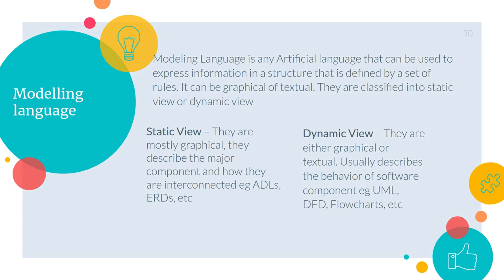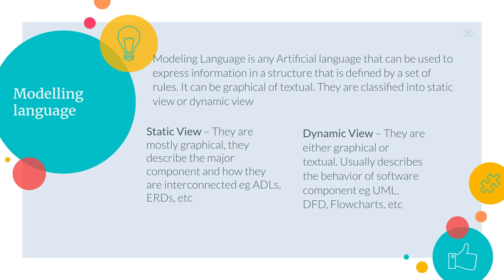Then we come to the modeling language. The modeling language is any artificial language that can be used to express information in a structure that is defined by a set of rules.